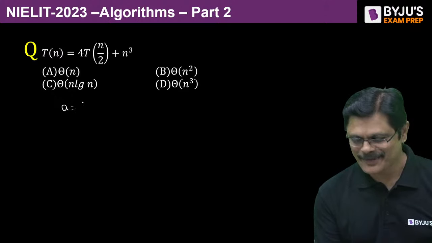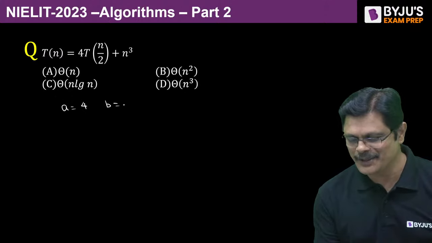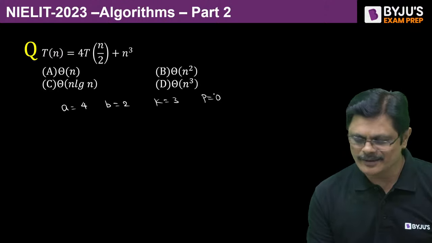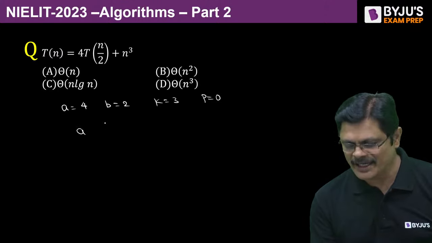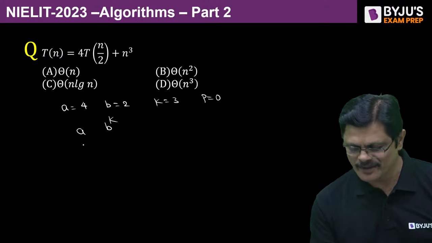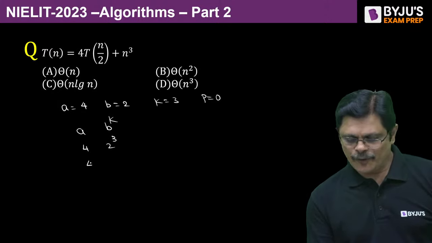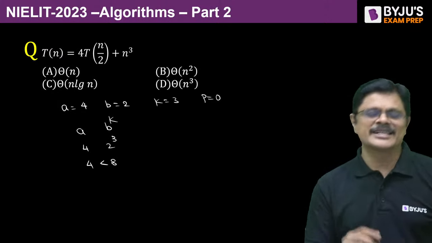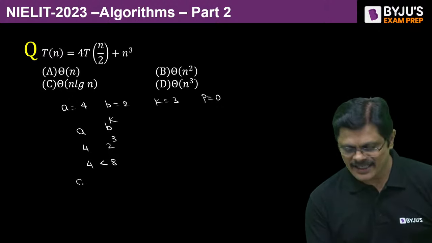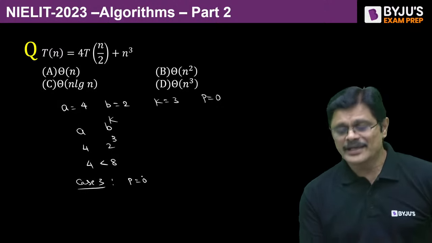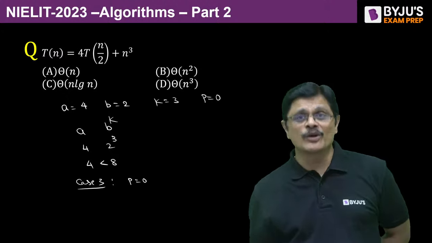Super. a is 4, b is 2, k is 3, p is 0. Standard form. a compared with b power k. 4 compared with 2 cube. Here a is less than b power k, that is case 3. In case 3, again we have to see the value of p, which is equal to 0. See, it is case 3, p greater than or equal to 0.